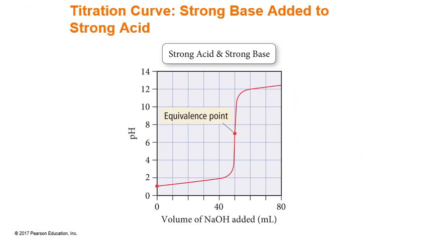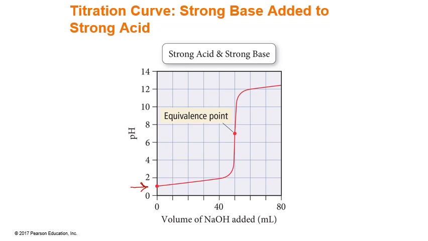The first example of a titration we're going to talk about is where we're using a strong acid and a strong base. If we look at this particular titration curve, there's some things that we can determine. One is that we are starting with an acid in our flask, and we know that because the pH is less than 7.